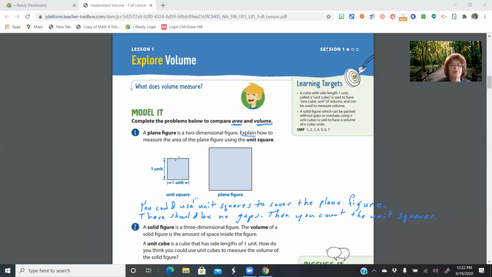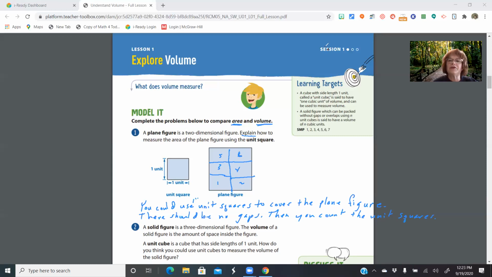So in other words, you would take these and you would place them on here. This is not going to be perfect because I'm horrible in art, which is going to be a problem here in just a little bit. And let's say it took 6. I would have 1, 2, 3, 4, 5, 6 unit squares. So to cover this plane figure that I just made, it would take 1, 2, 3, 4, 5, 6 unit squares. All right, let's move on to number 2.